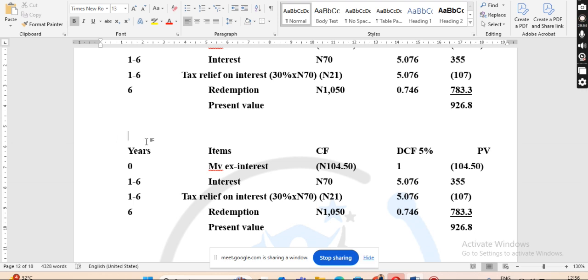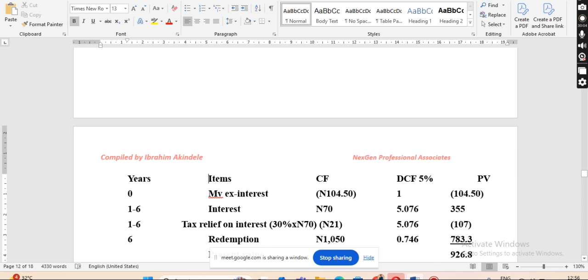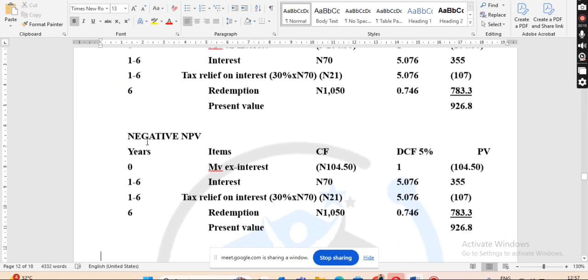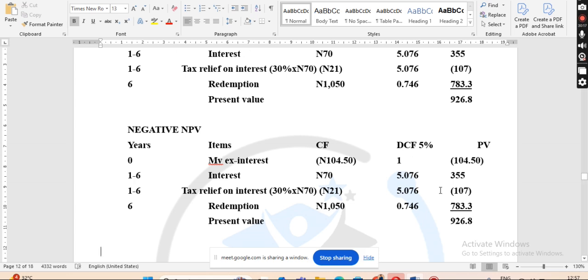So how do we determine the negative NPV? We need to change the percentage. Which percentage should we use? This is the positive NPV. So quickly, what is the negative NPV? Class, I'm waiting.